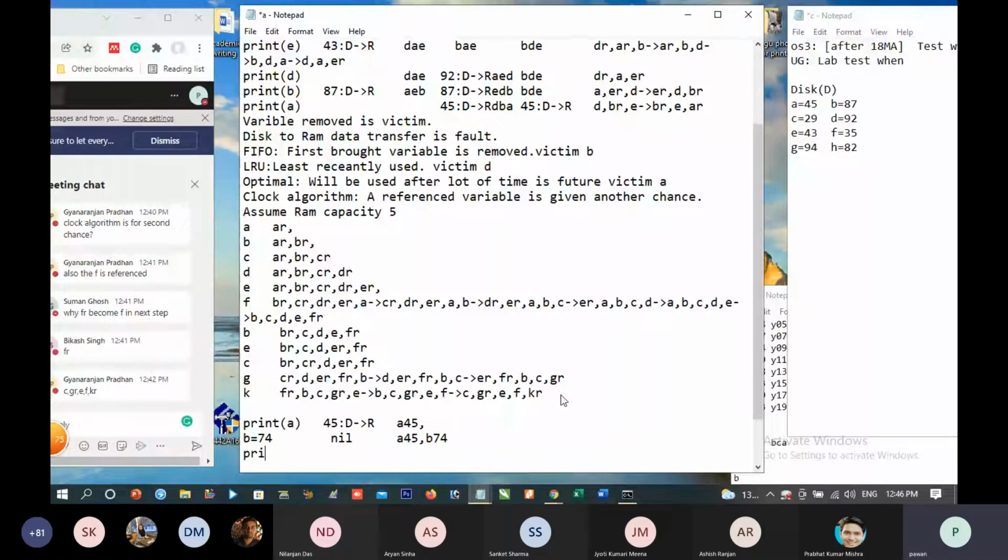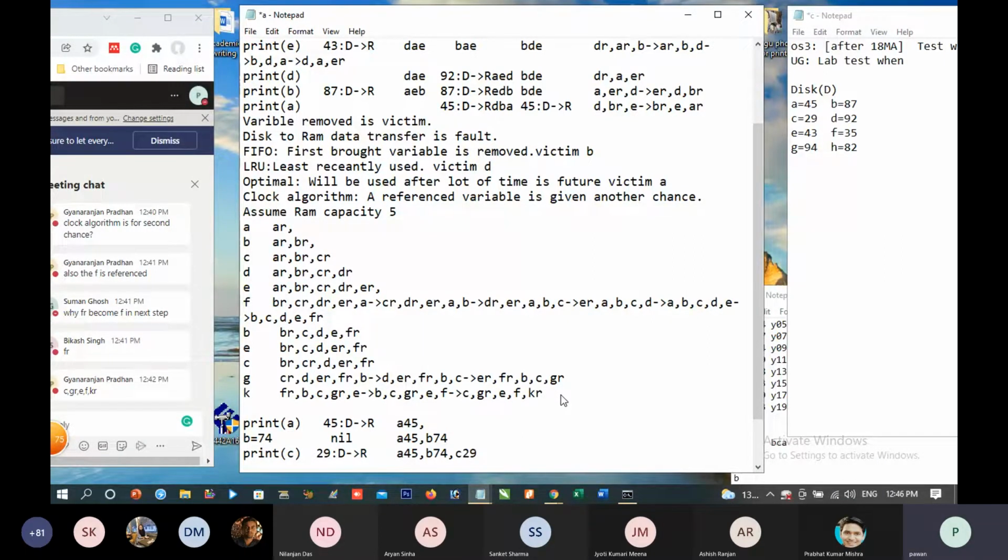Suppose we write print C. We shall bring the value of C, which is 29, from disk to RAM. And the RAM will have A45, B74, and C29.